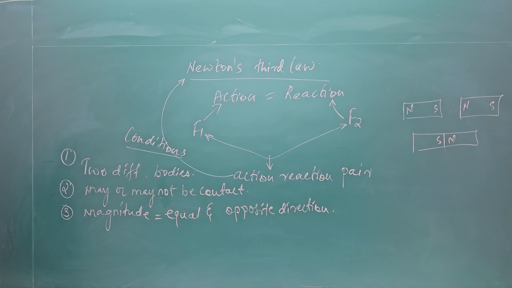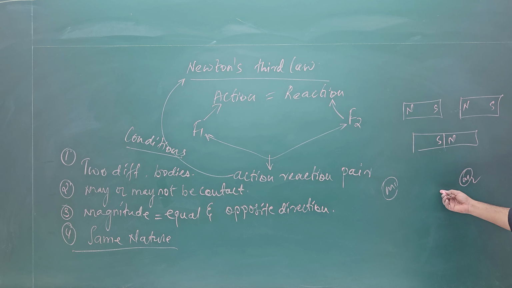Let us try to understand the fourth and the final condition, and this condition is very, very important. Again, they should be of the same nature. Now let us try to understand the meaning of same nature. Two masses we have taken. Let's say this one is your M1, let's say this one is your M2. Force of attraction is there.